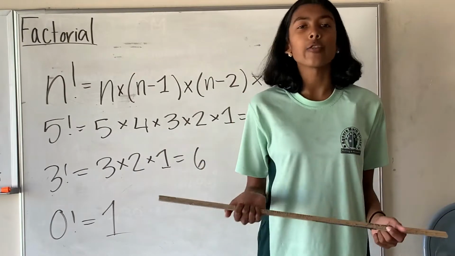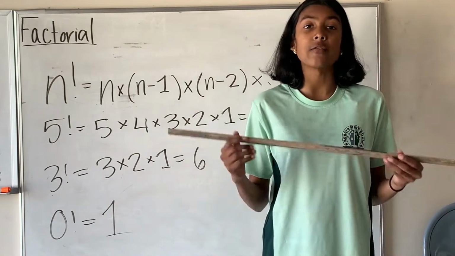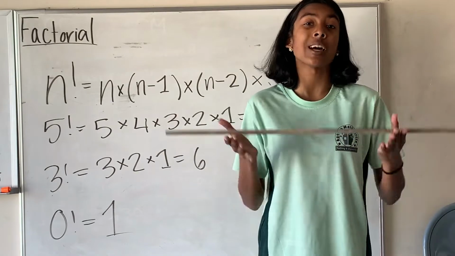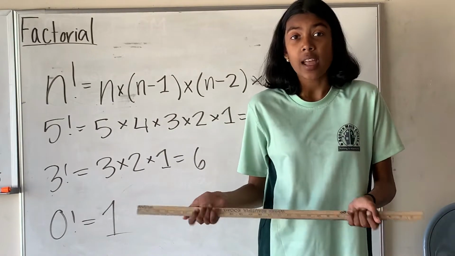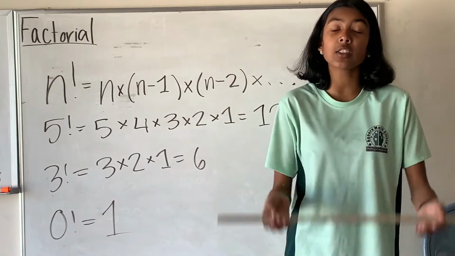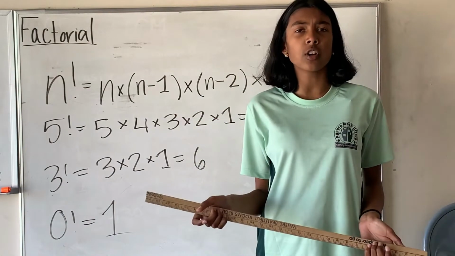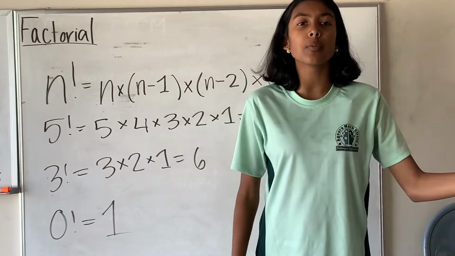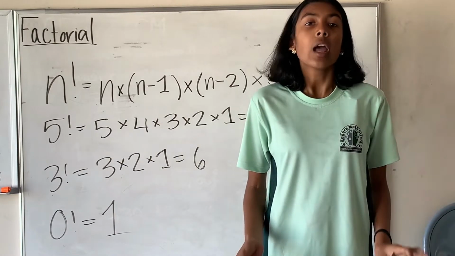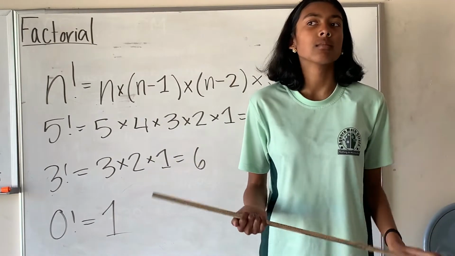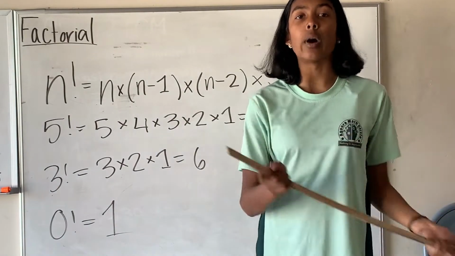For example, 5 factorial is 5 times 4 times 3 times 2 times 1, which is 120. And 3 factorial is 3 times 2 times 1, which is 6. Basically, when you have a factorial, you're multiplying all the numbers before it and itself. And one last quick thing, 0 factorial is 1.